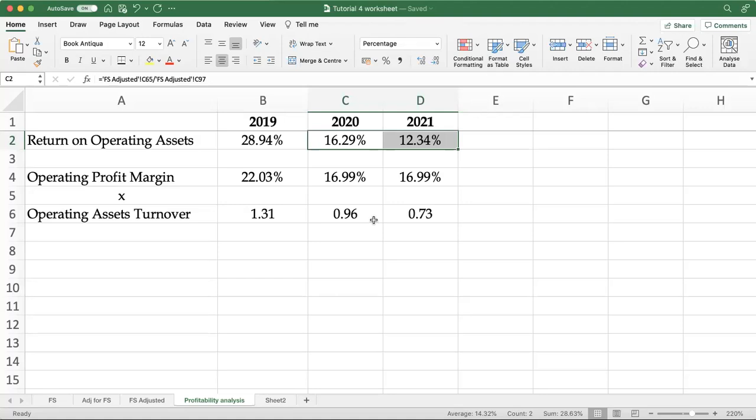Decline in the efficiency of using assets. So when the assets efficiency declines, your return on operating assets declines.